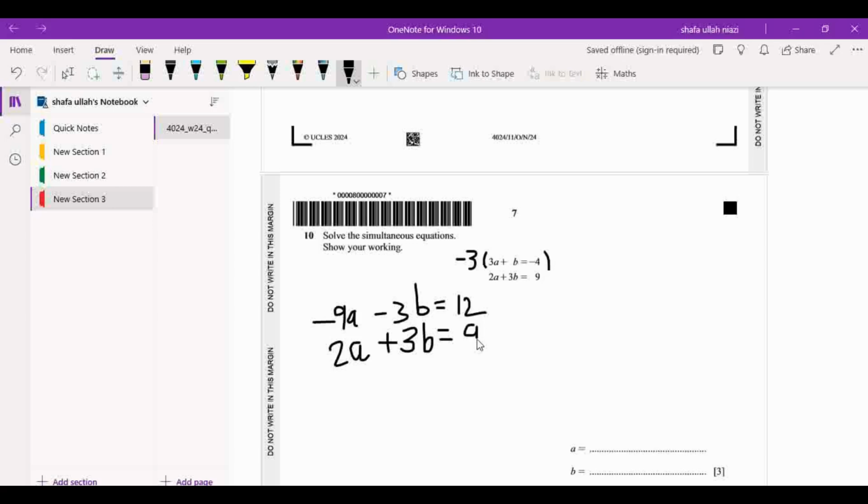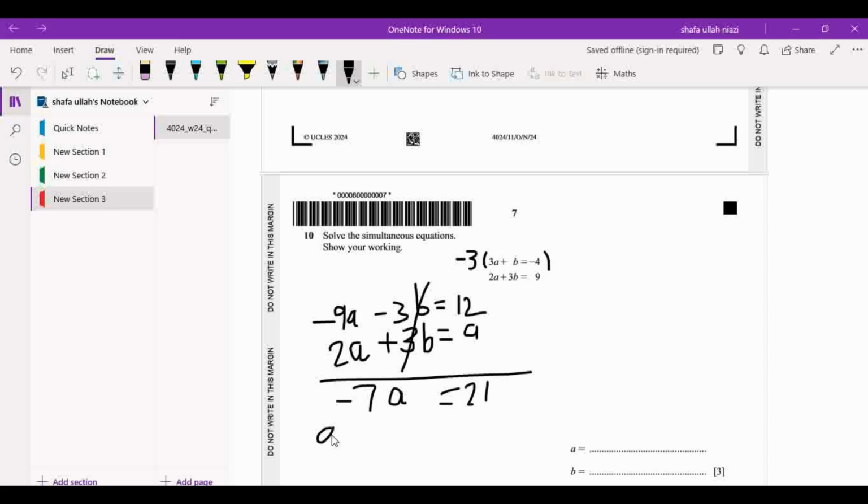Just add them. When we add them, 3b is cancelled with -3b, so we get -7a, because -9a plus 2a is -7a, equal to 12 plus 9, which is 21.